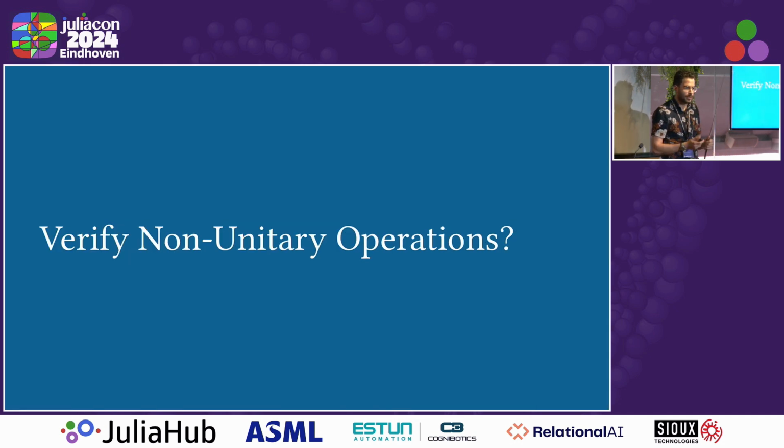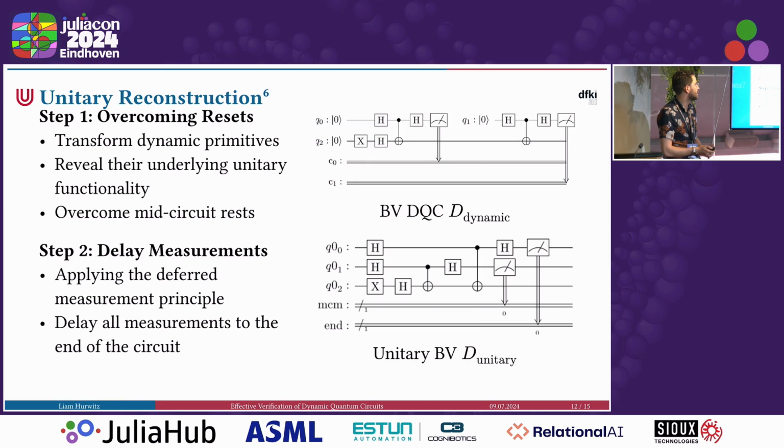Next one, now what about non-unitaries? There are different ways. I decided for my research to do a unitary reconstruction. So given a circuit which is dynamic and contains non-unitaries, such as this reset or the classically controlled logic, I can overcome the resets by undoing the recycling, so moving this back into a new qubit.